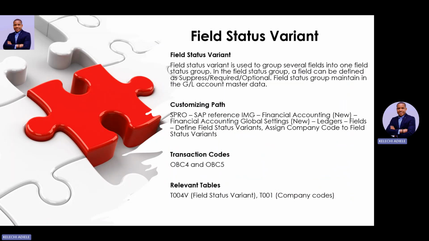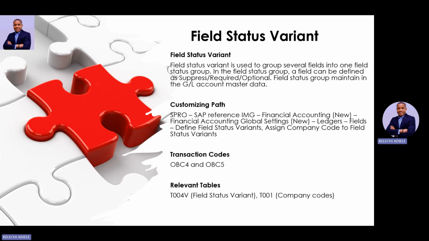The next we're going to look at is field status variants. Field and status. So if you put those two words together, it tells you that a field is where things happen. It's in SAP, an environment where you carry out certain tasks, right?